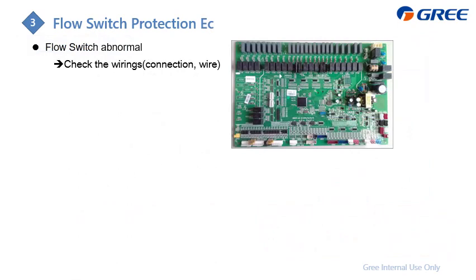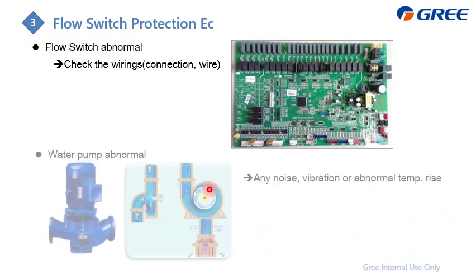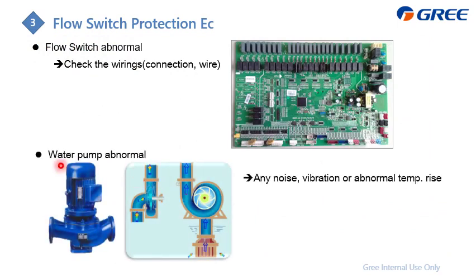And here are the details. Maybe the connection of this flow switch on the PCB is not that good, or the water pump is abnormal, so you can check the water pump for noise or vibration, and also whether there is any abnormal temperature rise.